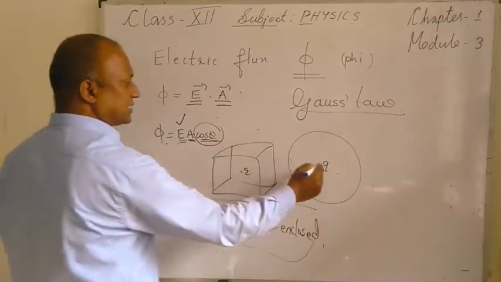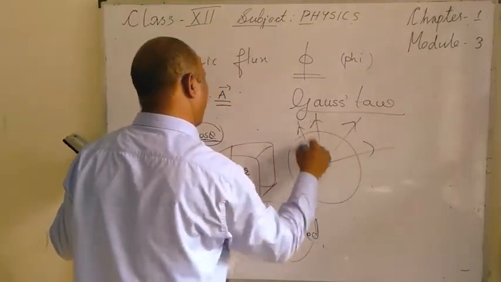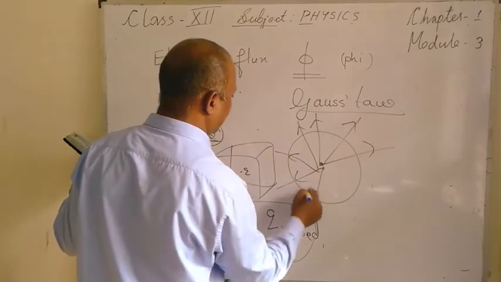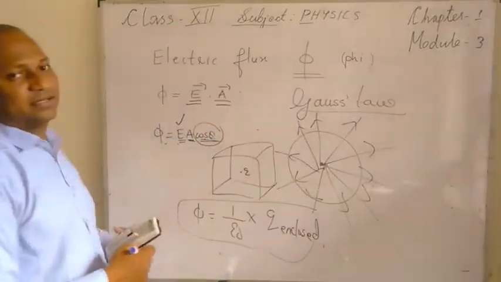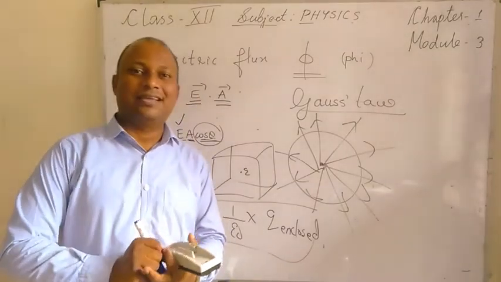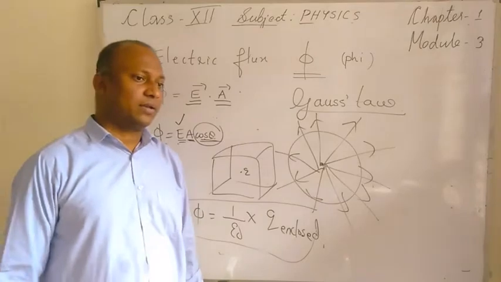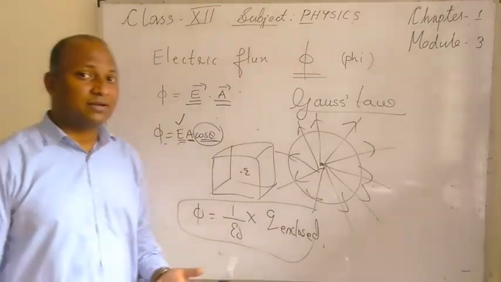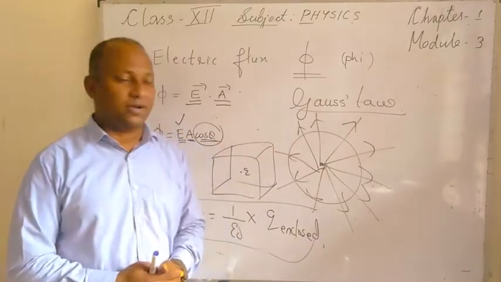So the field lines penetrating out or penetrating in, that's the net flux, the total flux through a 3D surface, through a closed surface. Anyway, surface is 2D, but the 2D surface, if it is closed, it becomes a 3D figure.